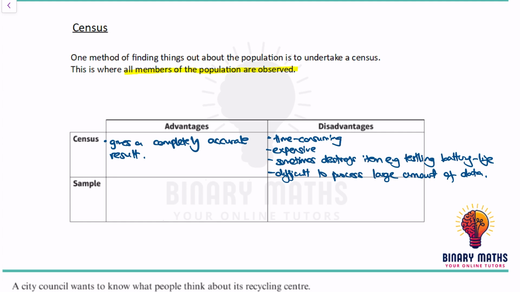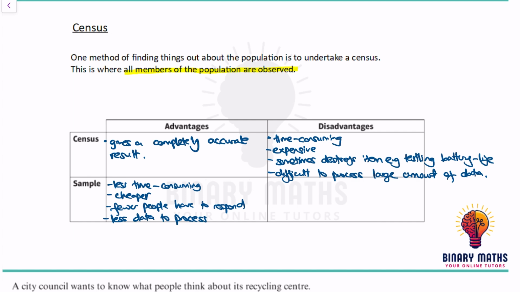For a sample, the advantages are it is less time consuming and cheaper than, obviously, a census. Fewer people have to respond, and there is less data to process compared to a census.